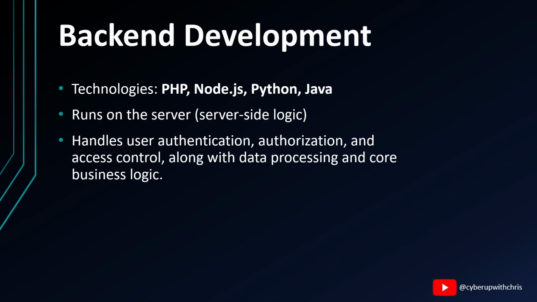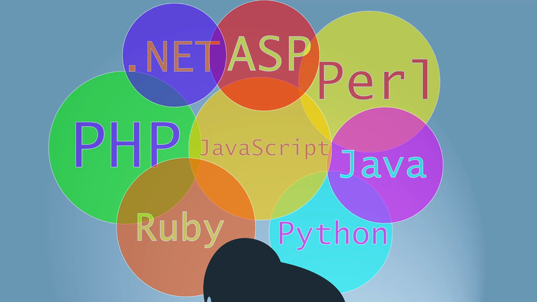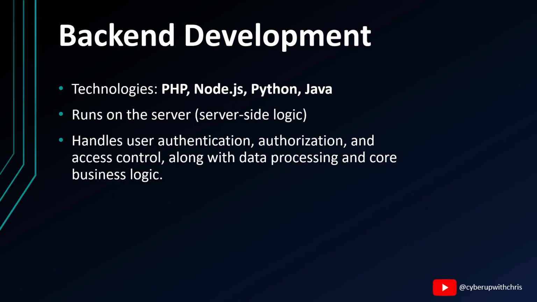So technologies that can help us achieve this, you can choose from a variety of technologies: PHP, Node.js, Python. You can also even use Java for web development. Yes, you can also use Java, but in modern web development, Node.js and PHP are like the kings of it. PHP used to be the preferred language of the web, but in recent times, technology trends are changing.